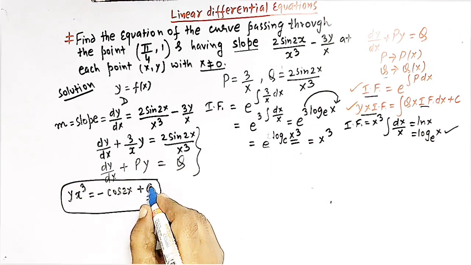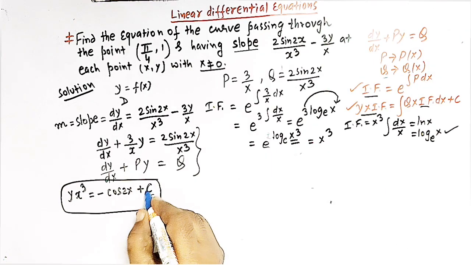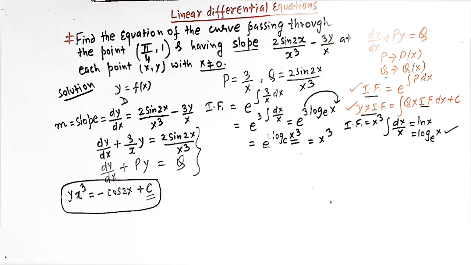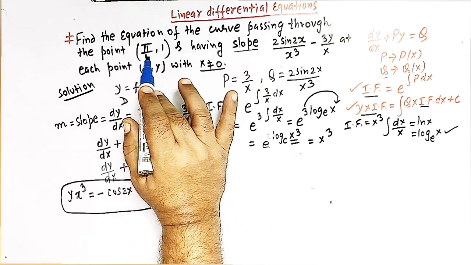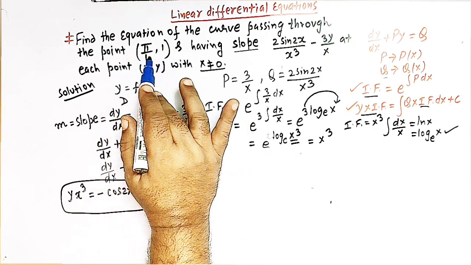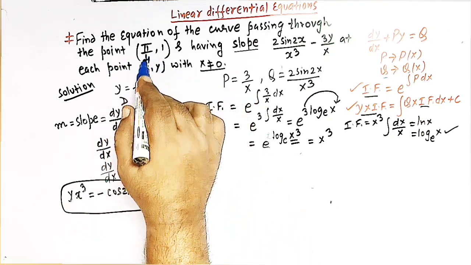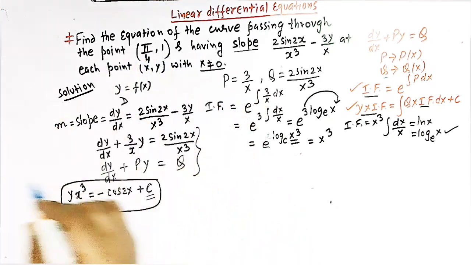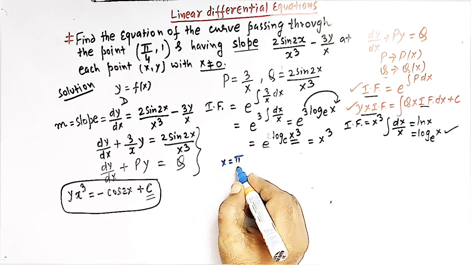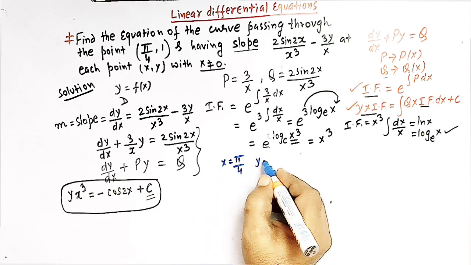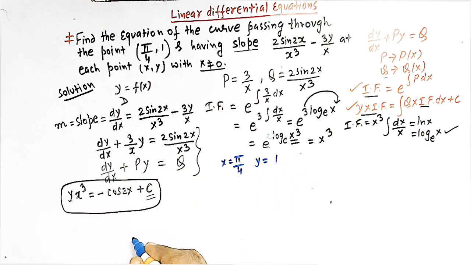So now let us find out the value of this constant of integration c by using the boundary conditions or the initial conditions. So here we are given the point, that is pi by 4 comma 1, right? So we are given x is equal to pi by 4 and y is equal to 1, right?